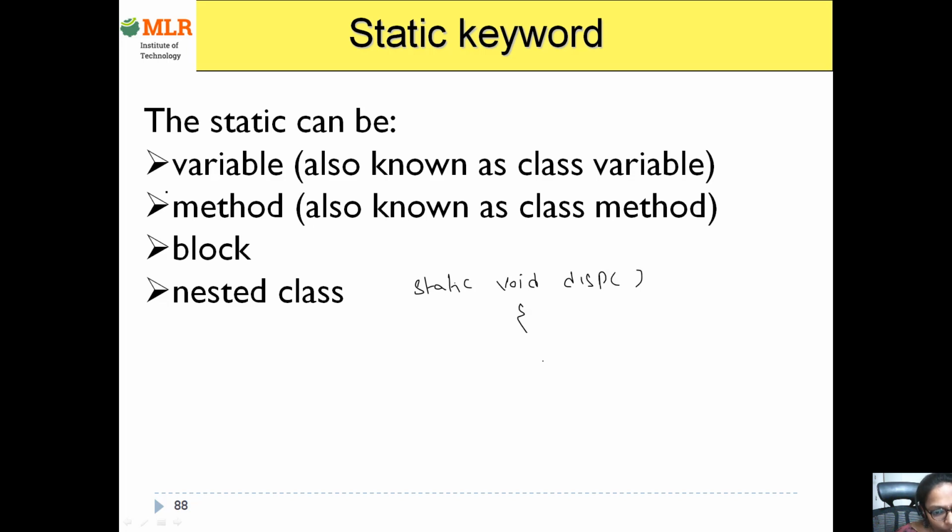For example, I want to display a variable a which is not static. See, a is non-static data. If you try to display its value within the static method, we will get an error. Why? Because disp is a static method, so it can access only other static data. It cannot access any non-static data.